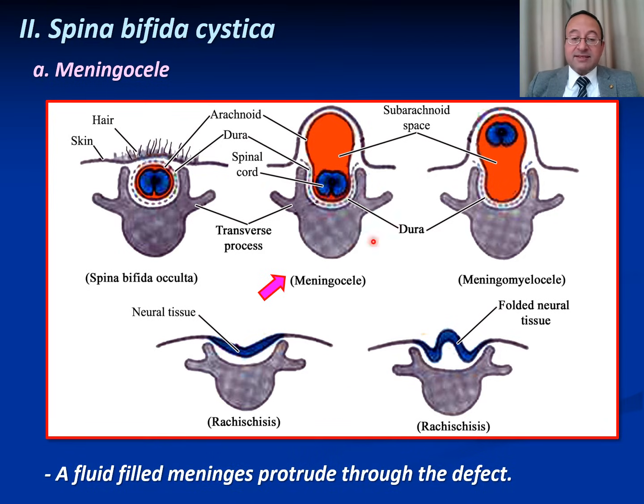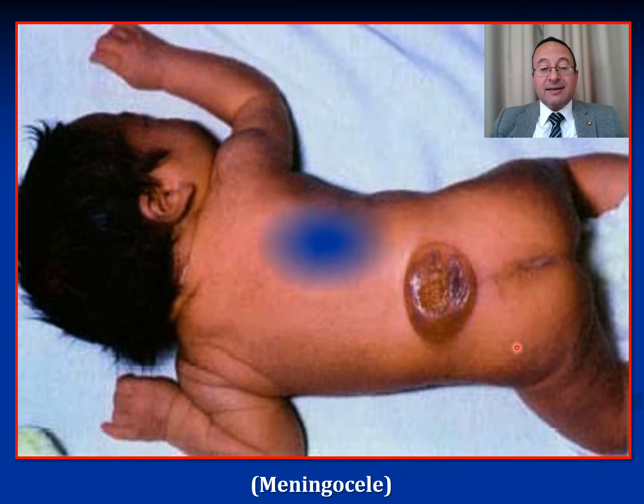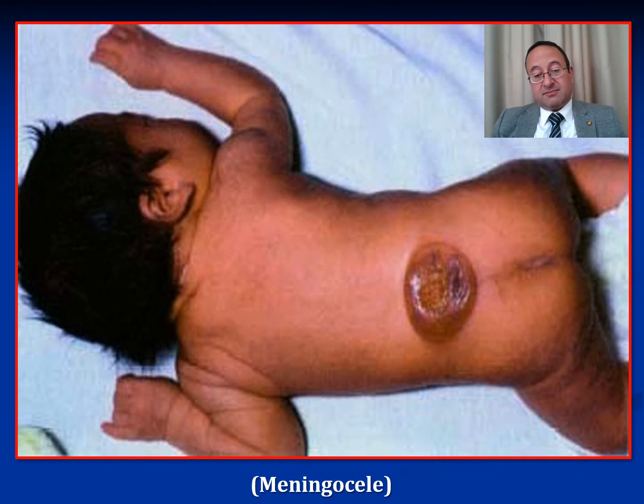Here there is just protrusion of the meninges. I just find a cystic lesion in the lower part of the back of the newborn baby. It will be like this.